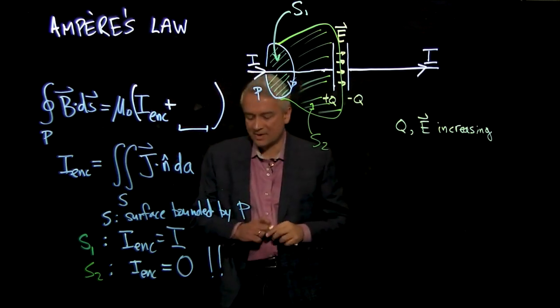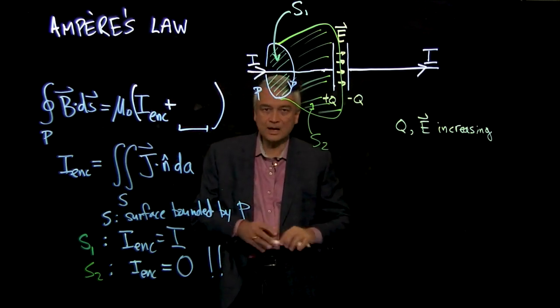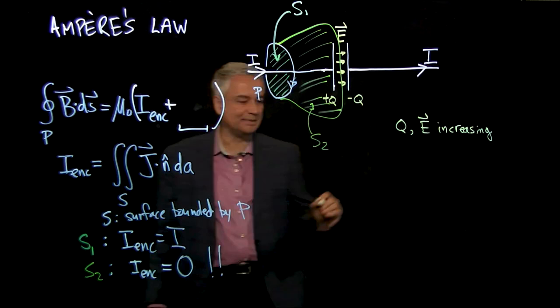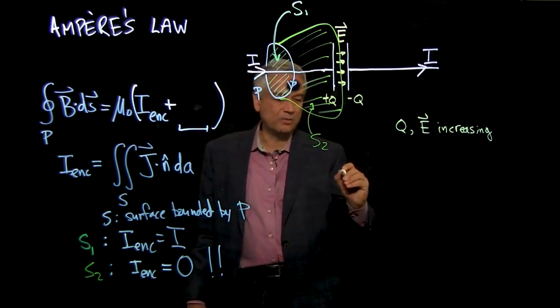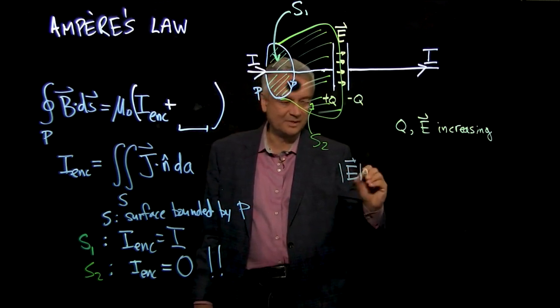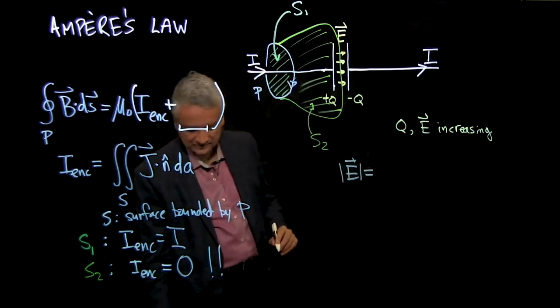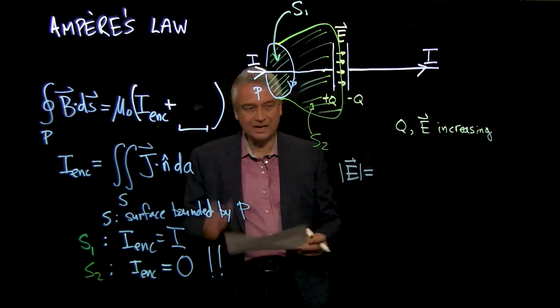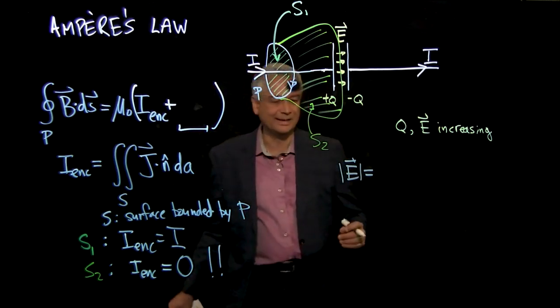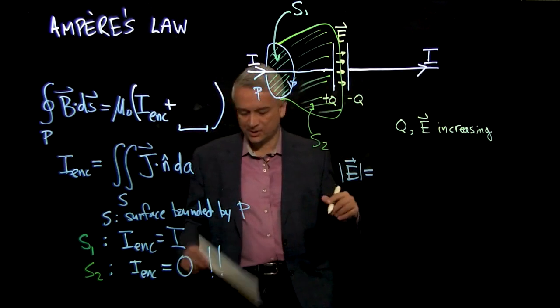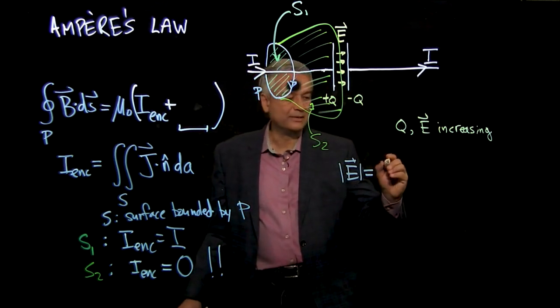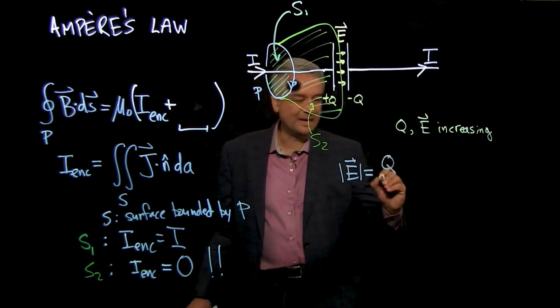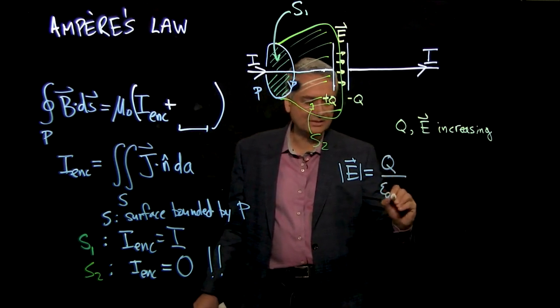So let's think about how we might find such a quantity. And the way to think about this is to start by thinking about the electric field, the strength of the electric field, which is varying with time. So what is the electric field in a parallel plate capacitor? Remembering back to much earlier in 802, the electric field in a parallel plate capacitor is Q divided by epsilon naught times the area.